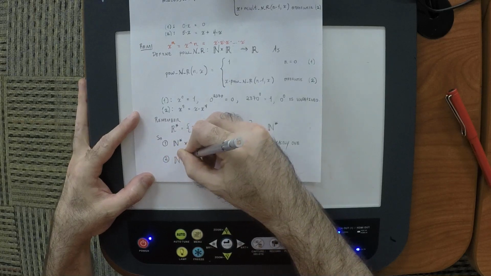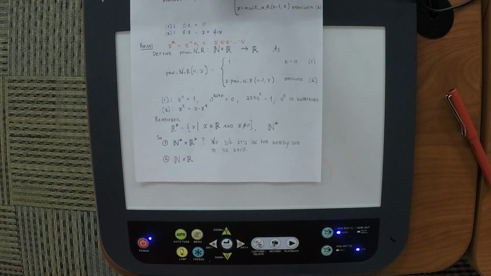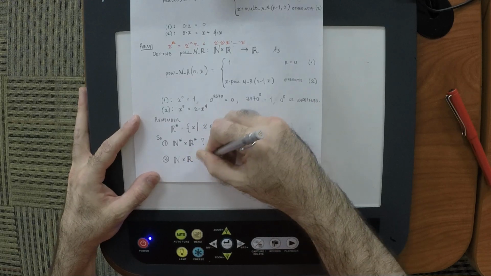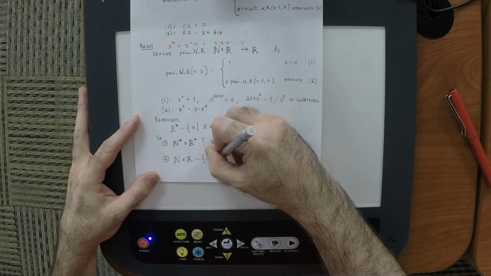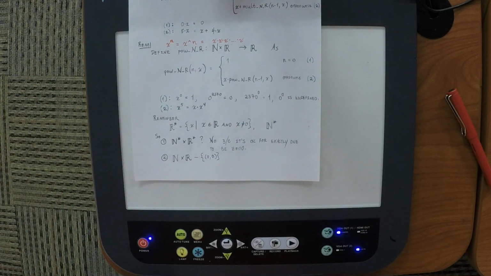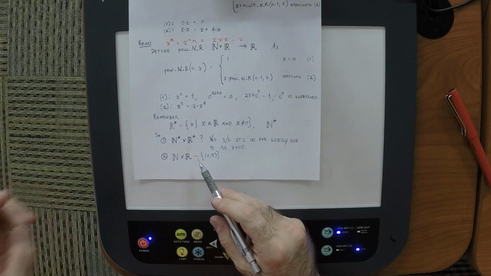So N cross R, that's all of them, and the bad one is (0, 0), the one we want to be rid of. So you can write it like this: subtract the set containing just the single bad one, (0, 0). Now I'll mention that different mathematicians write this differently.